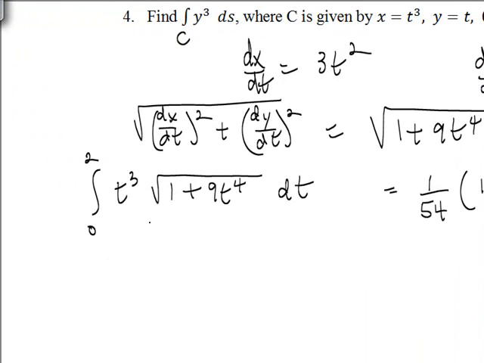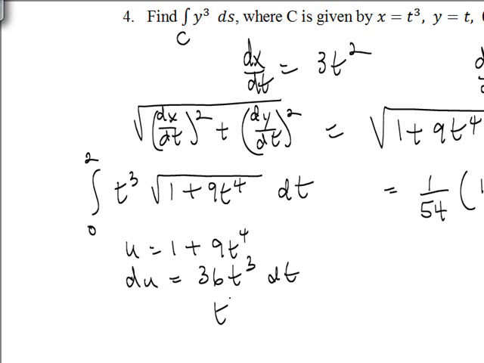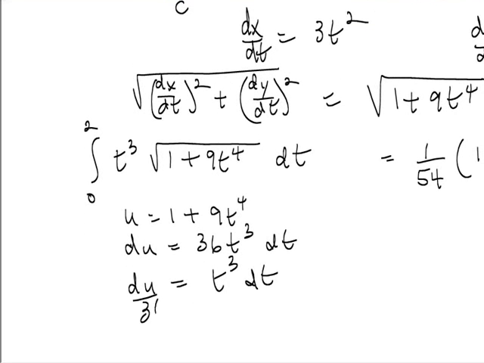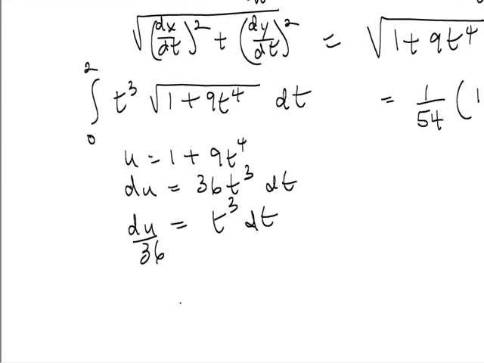So I can just go over that with you again. So u equals 1 plus 9t to the 4th. du is 36t cubed dt. t cubed dt is du over 36. t is 0 implies that u is 1. t is 2 implies that u is what here? 2 to the 4th is 16, times 9 plus 1.